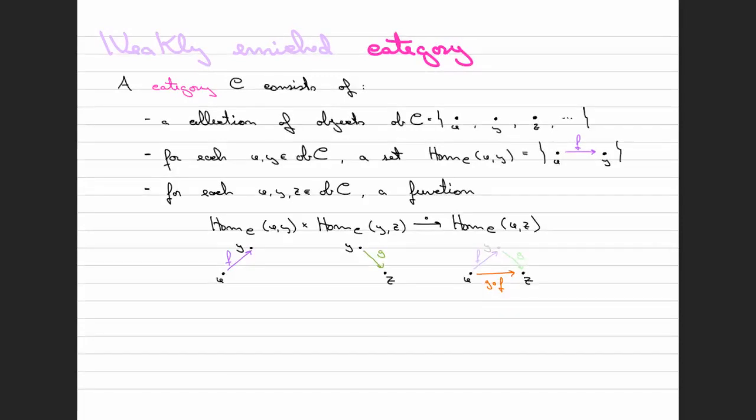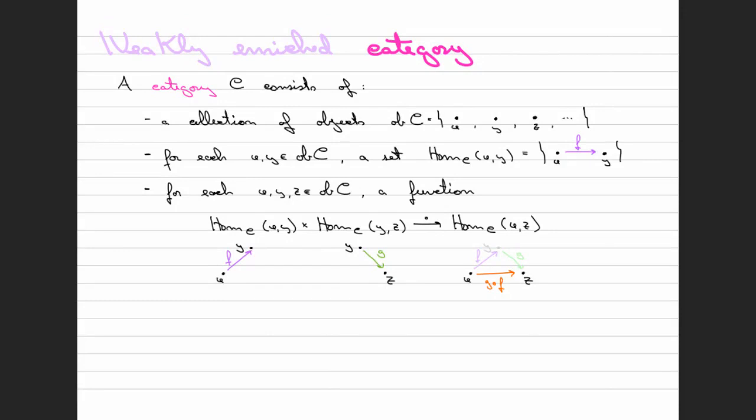And then we have a composition function. So given any triple of objects, X, Y, and Z, we can take a pair of composable arrows, so from X to Y and from Y to Z, and we can compose them.